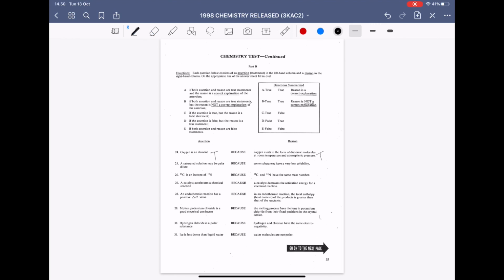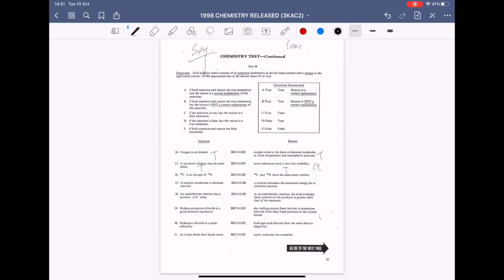Number 25. A saturated solution may be quite dilute. That's true because some substances have a very low solubility. Now, this is also true, and that is because saturation and concentration are two different things. If a solution is saturated, that means no more solute can dissolve in the solvent.